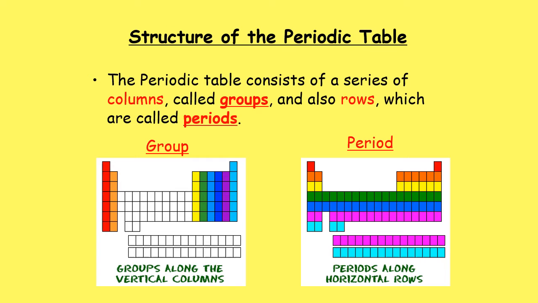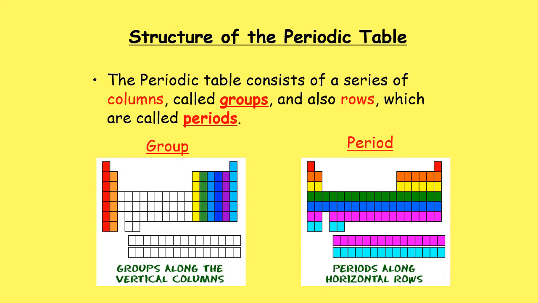Now, the periodic table looks like an interesting shape, but it's divided into things we call columns, which are the ribbons going downwards. So you can see in that picture on the left, the vertical colours, the red, the orange, the yellow, green, etc. Those are groups.